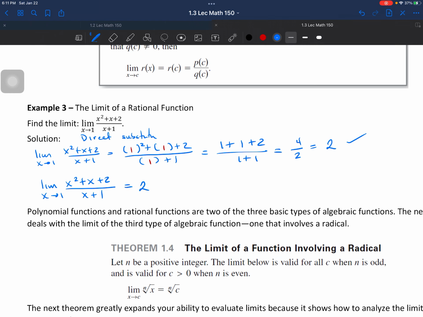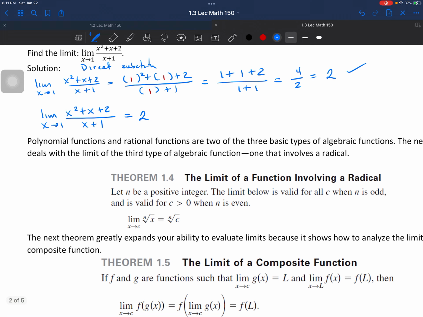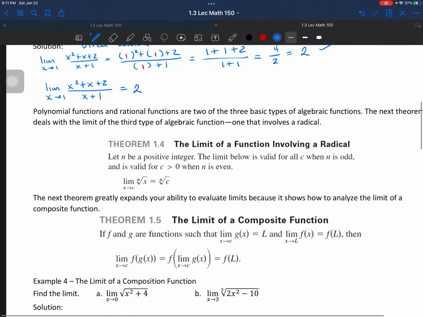And if you notice, we didn't have to use a table or graph this. We can just do a direct substitution. That's what we want you to do; that's how you're going to start your process of finding the limit.